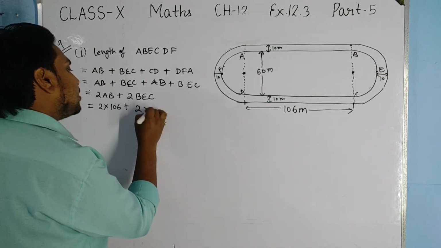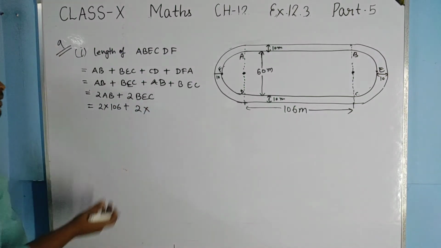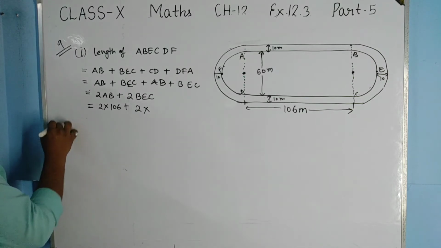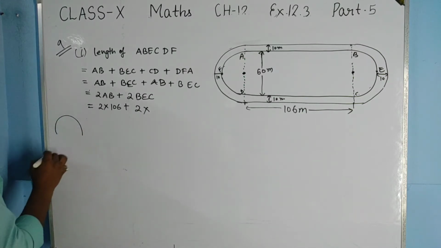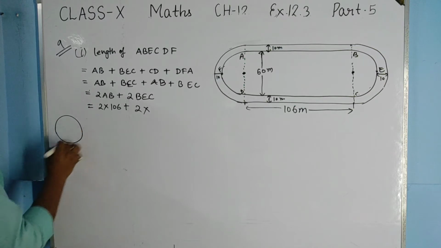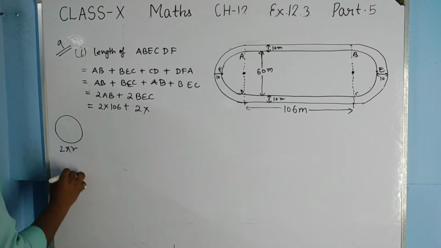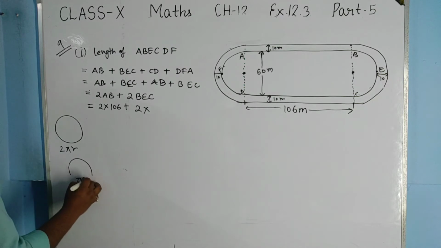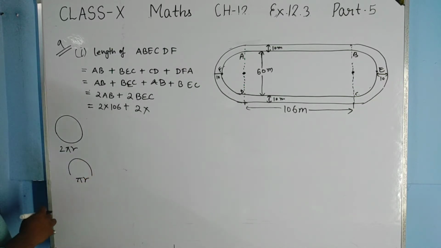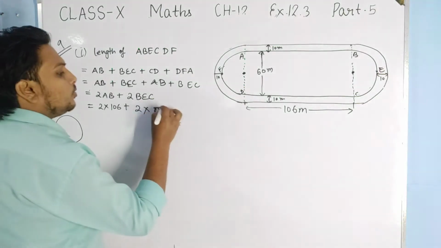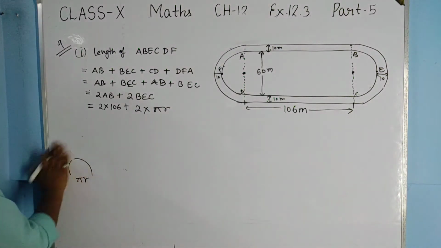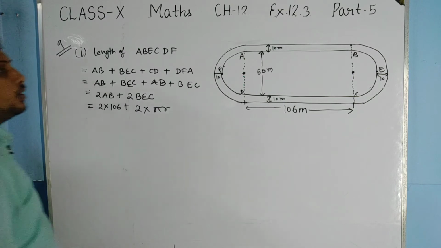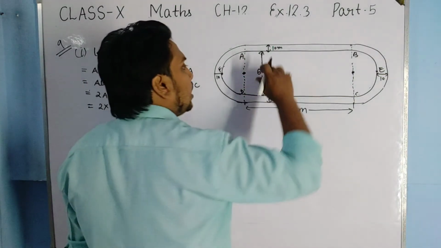It is a semicircle, so what will be its perimeter? For the whole circle, the perimeter is 2 pi r. For the semicircle, it will be pi r, just half of the circle. Now what will r be?